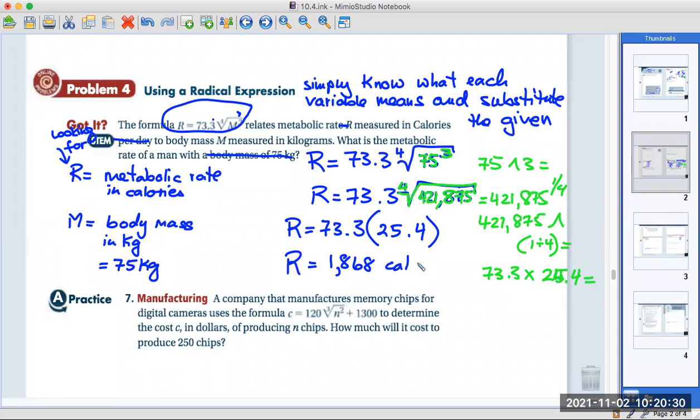calories per day, because it says here per day. Oh, my machine moved. It covered up some things.